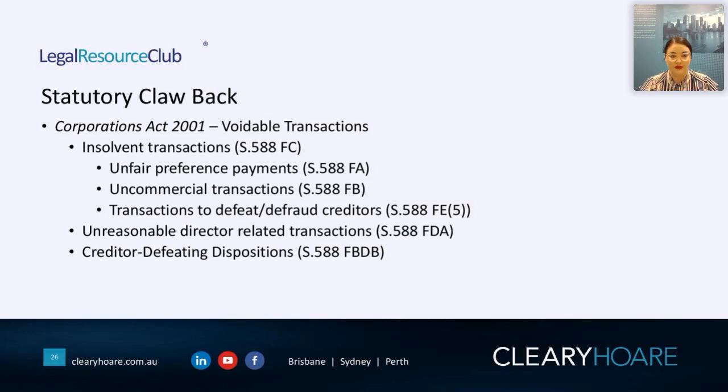So there's 3 types of those insolvent transactions, and that is unfair preference payments, uncommercial transactions, and transactions to defeat or defraud creditors. So as long as we don't become insolvent or aren't insolvent when we make the gift, then it will not be an insolvent transaction and those provisions will not apply.